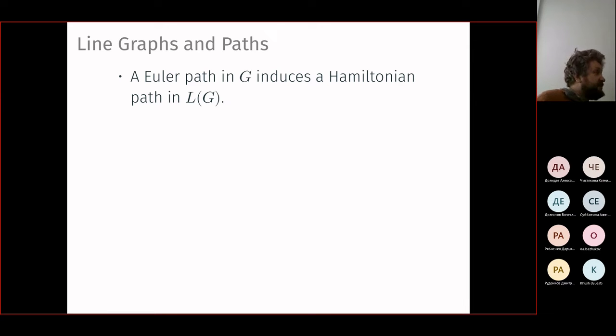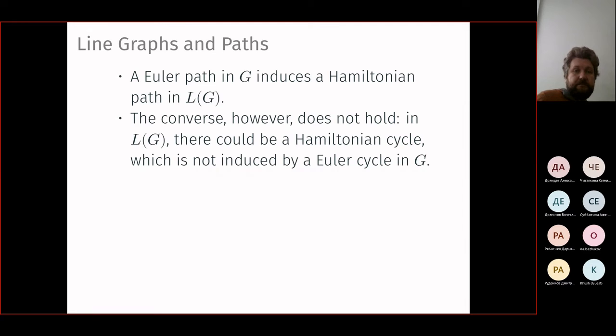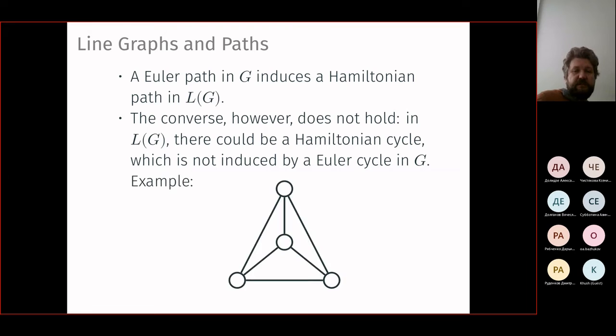Because, just by definition, an Euler path traverses each edge exactly once, but in the new graph, the edge of the old one is a vertex, and a connection is exactly what we need. The converse, however, does not hold. In the new graph, there could be a Hamiltonian cycle which is not induced by an Euler cycle in the original graph. You can check this as an exercise.